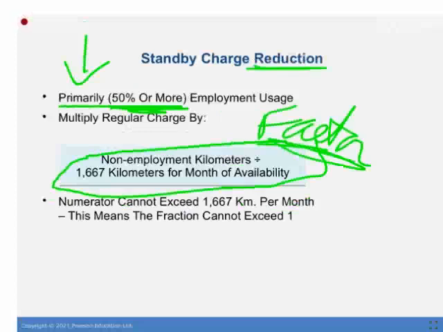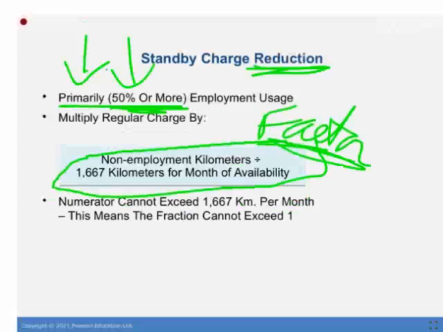So we have a special factor here to multiply by as a reduction if we're at 50% or more. What that means is if this is mostly a vehicle for employment usage, CRA is going to cut you a break on the calculation of this benefit.